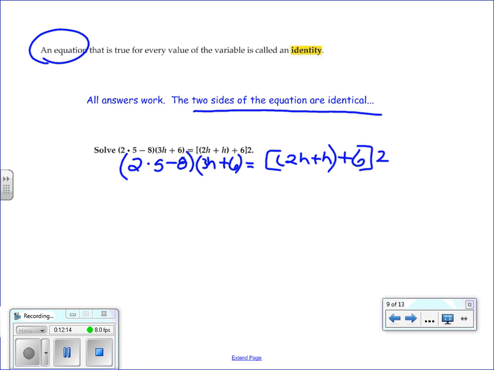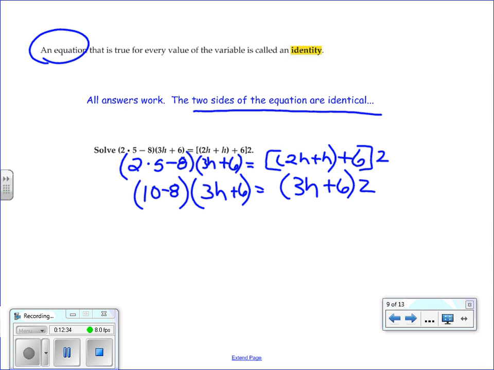The 2 times 5 is 10 minus 8. 10 minus 8 is 2 times 3h plus 6.